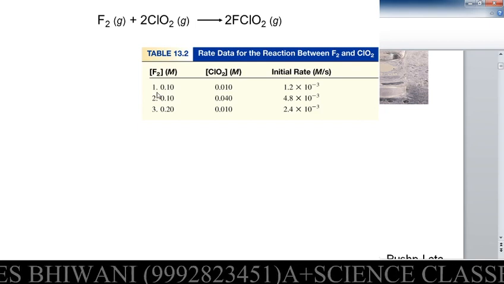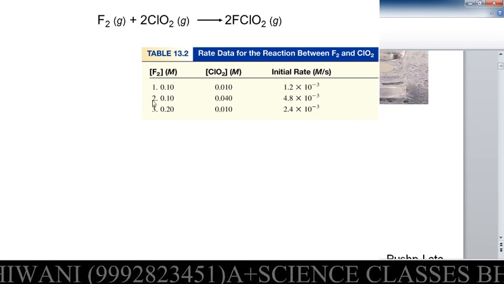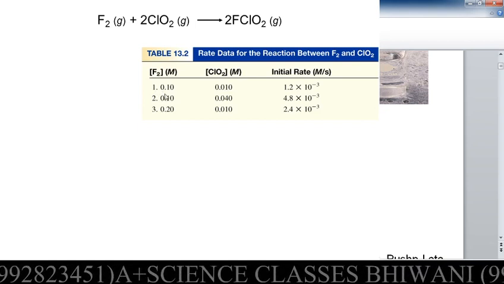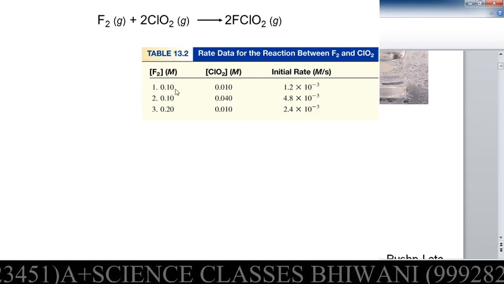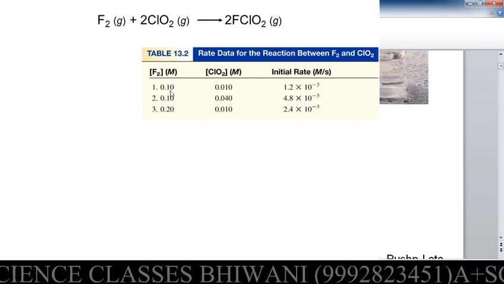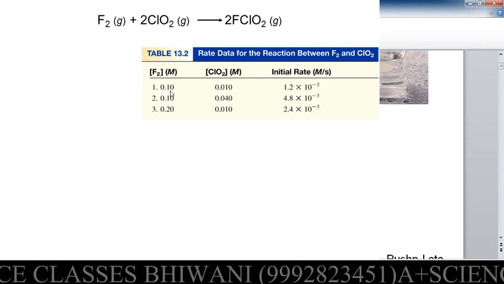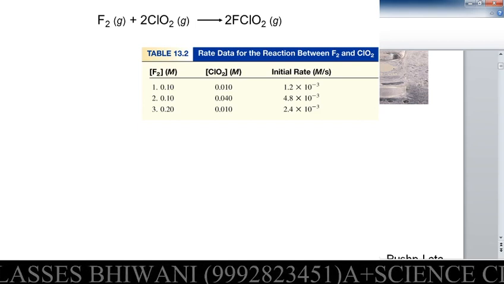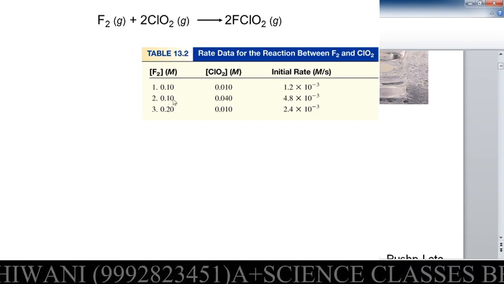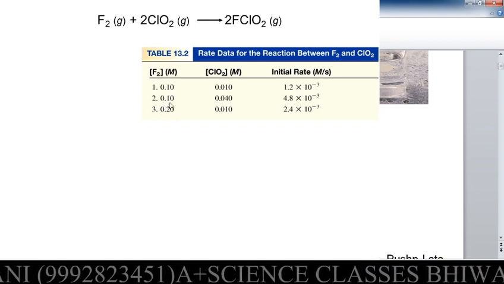in experiment number 1 and 2, if you observe clearly, you see that the concentration of fluorine in these 2 experiments is the same. The first experiment has a fluorine concentration of 0.10 and the second experiment is 0.10.